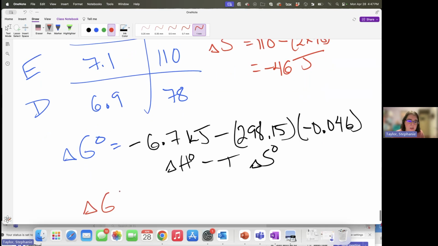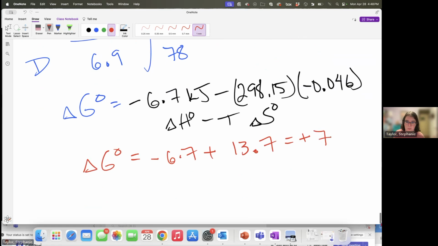And then my value of delta G standard could go into my equation. There are different ways to put this together. I get negative 6.7 minus, which means plus, 13.7. So I get a positive 7.01 kilojoules for delta G standard.